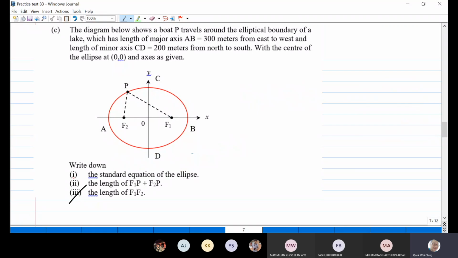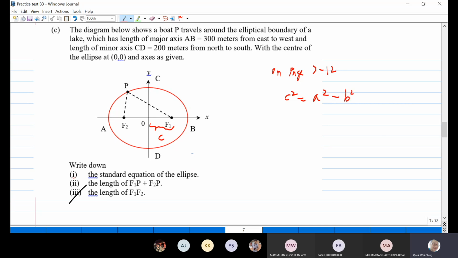How to do this? For F1F2, the distance from the center to F1 is called C. C is equal to 0 to F1. Now, how do you find C here? This one is again on page 312, where there is a number C. Now, C squared is equal to A squared minus B squared.